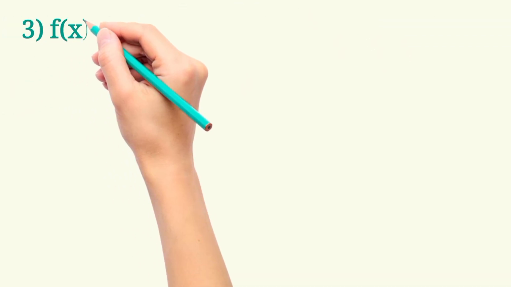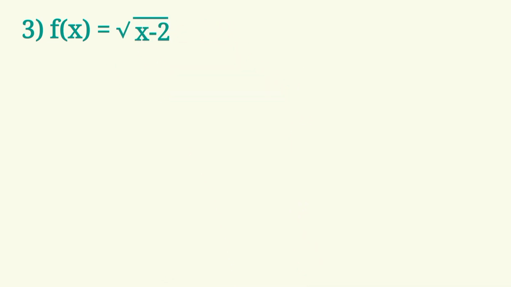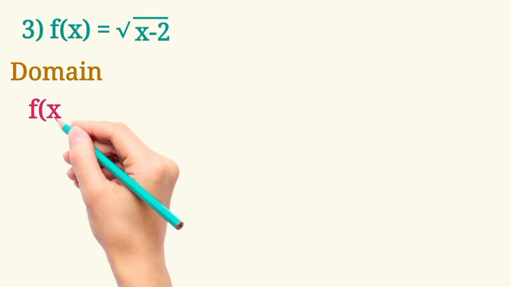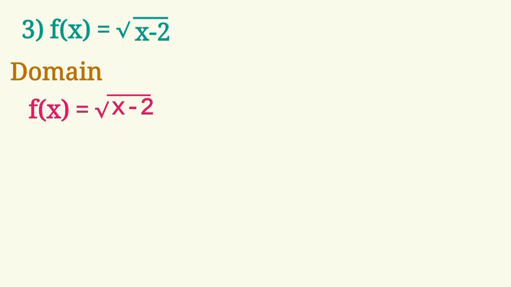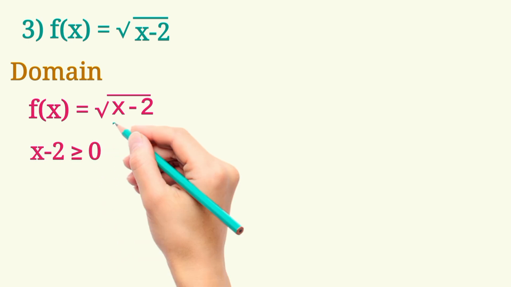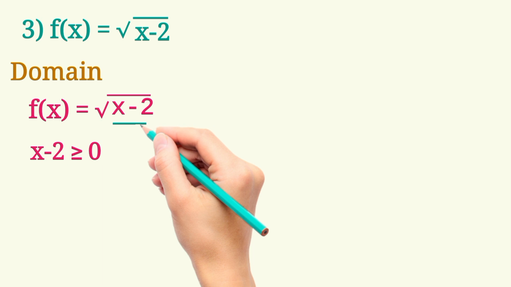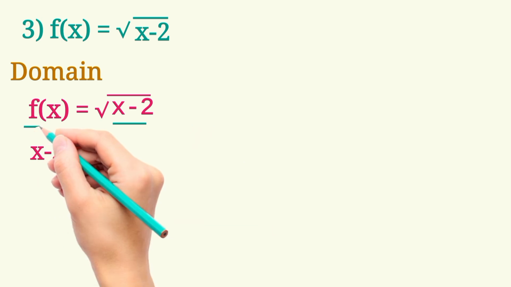Now third question is f(x) = square root of (x - 2). Now to find domain of this function, we see that there is a square root in this function. So x - 2 should always be greater than or equal to 0. Otherwise this will become negative and f(x) will become undefined.